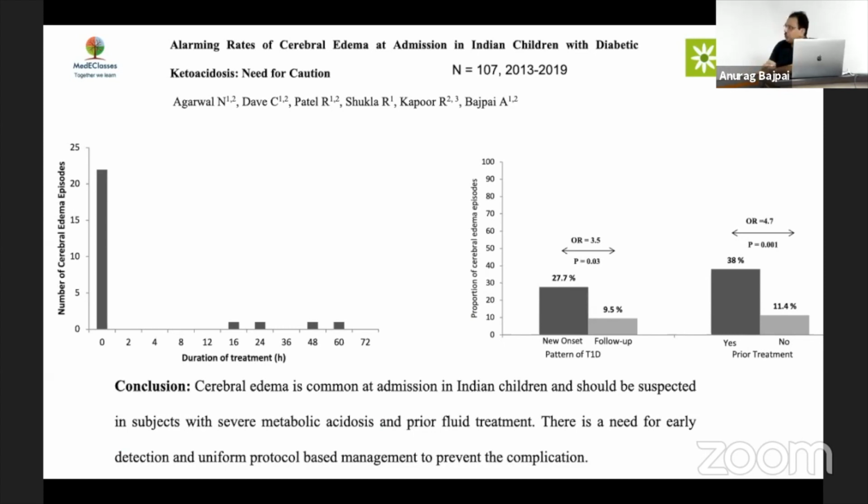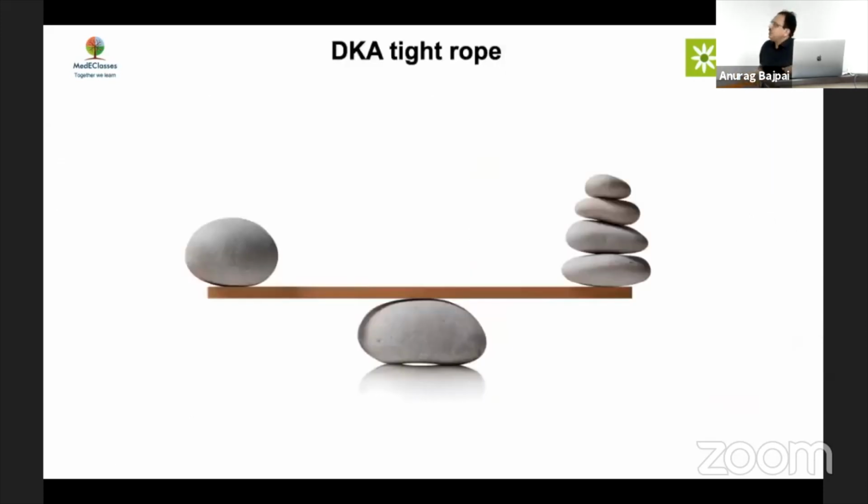So you have to be very cautious about those who have a very severe metabolic acidosis, which means the pH is less than 6.9, and you have received prior fluid treatment. So these two factors are important and these are what we have put in our own algorithm. Our algorithm for DKA is based upon ISPAD guidelines, plus we have the information which has come up from this study.